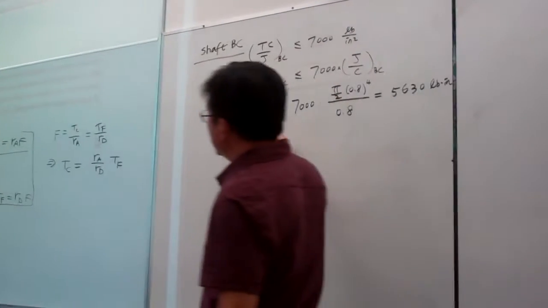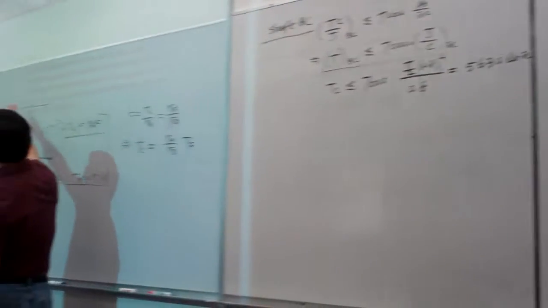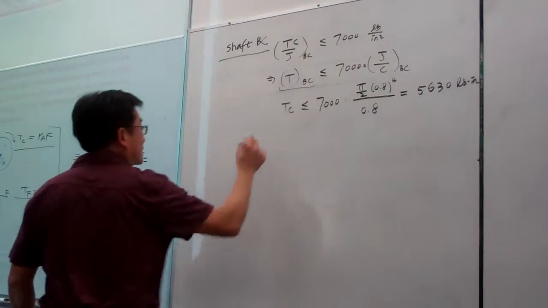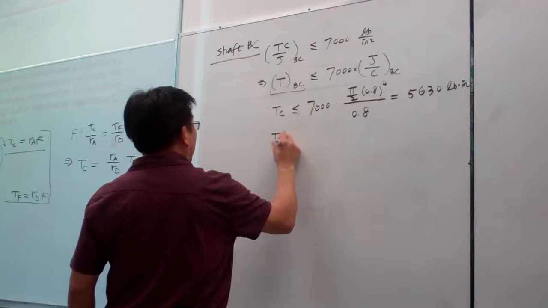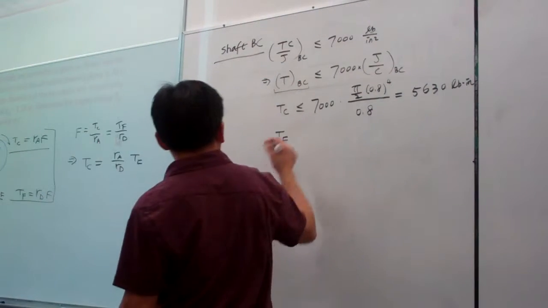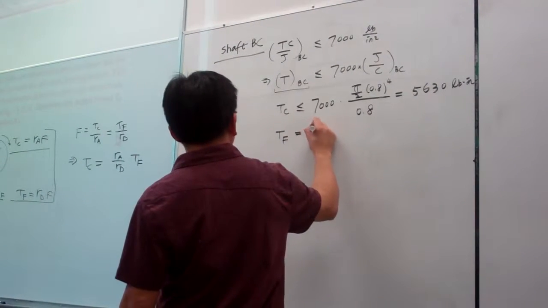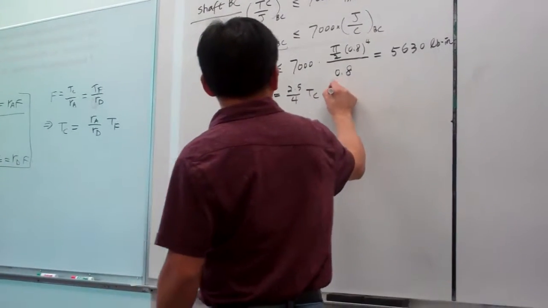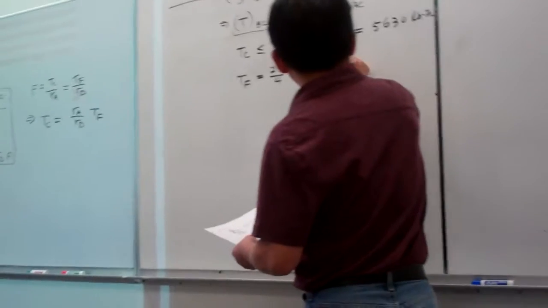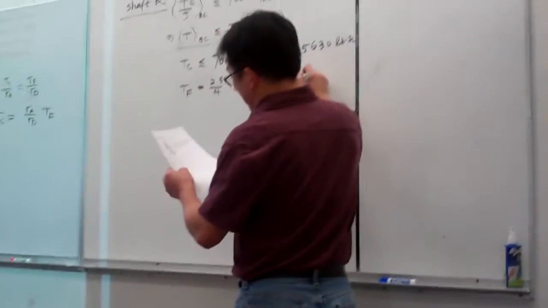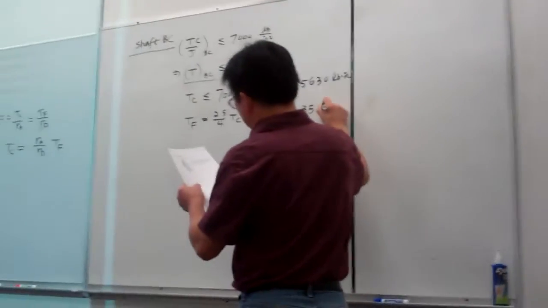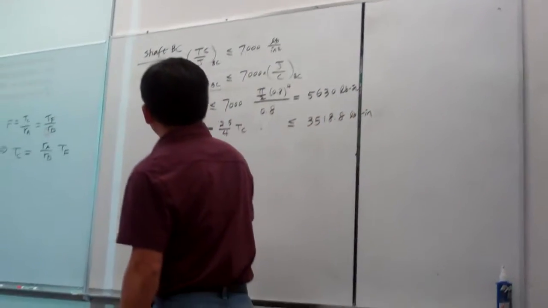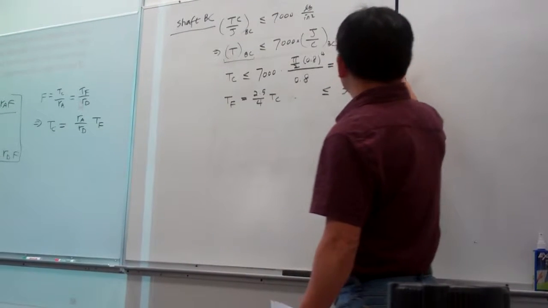If the TC in shaft here is less than that one, then we can use this equation. So therefore, the TF, using this relation, TF equals 2.5 divided by 4 times TC, so this will be less than or equal to 3518.8 pounds per inch.